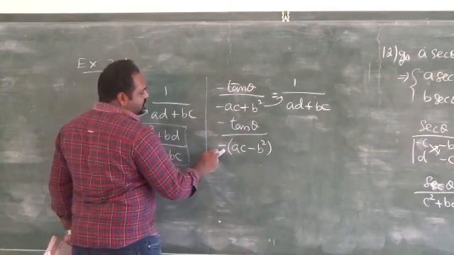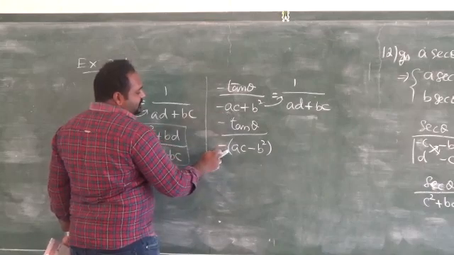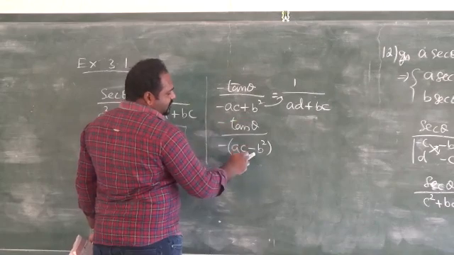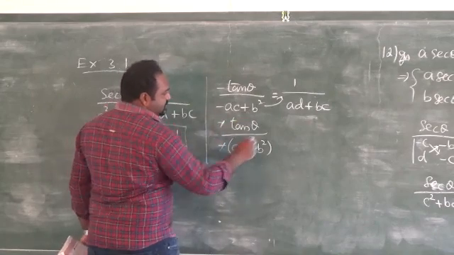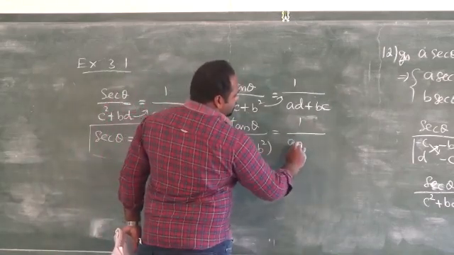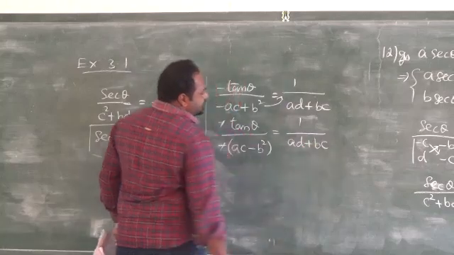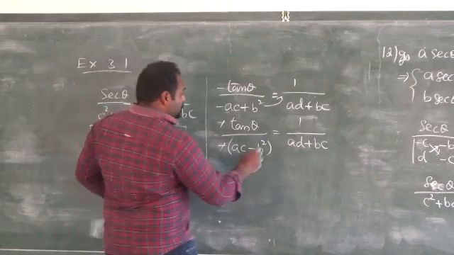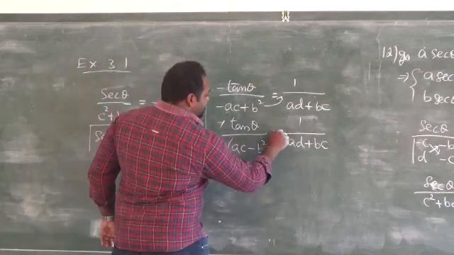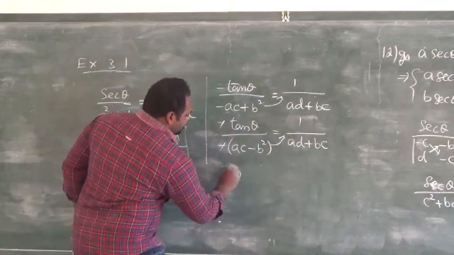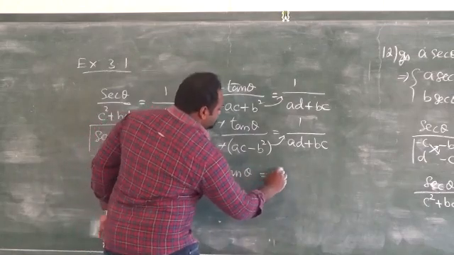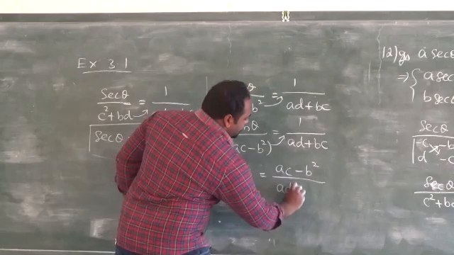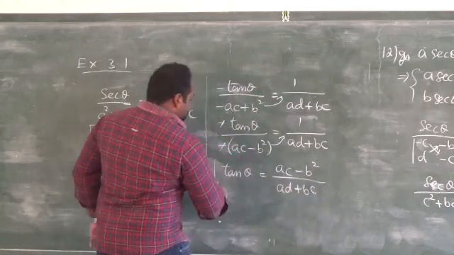So I am taking minus commonly outside in this denominator. If you take minus commonly outside, AC will become positive, plus B square will become negative. So this one cancels, 1 by AD plus BC. Now just take it to this side: tan theta equal to AC minus B square by AD plus BC. This is the value for tan theta.